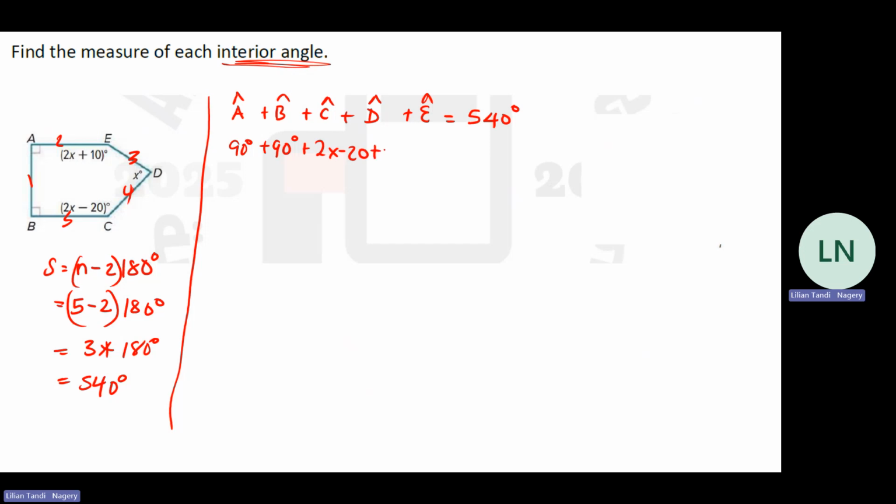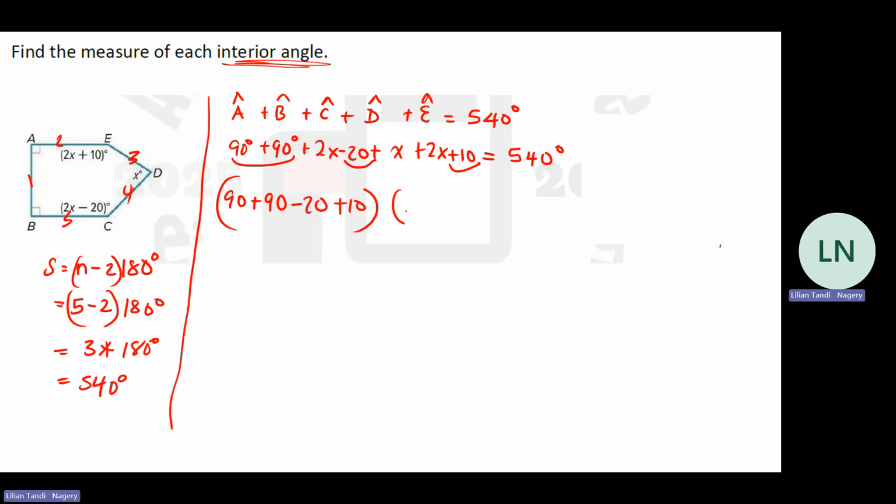Angle D is x. Angle E is 2x plus 10, which is equal to 540 degrees. So I add my numbers, 90 plus 90 minus 20, and here plus 10.